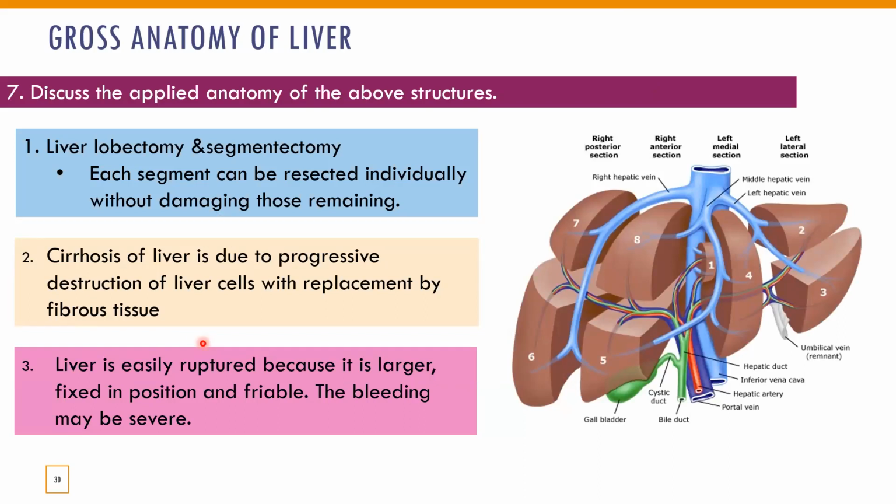This is some applied anatomy of the liver. As I mentioned, there are 4 surgical segments of the liver in each lobe, based on the functional division of the lobe. Because of that, liver lobectomy and segmentectomy are done where someone has a diseased liver, for instance in segment 7 in this picture.